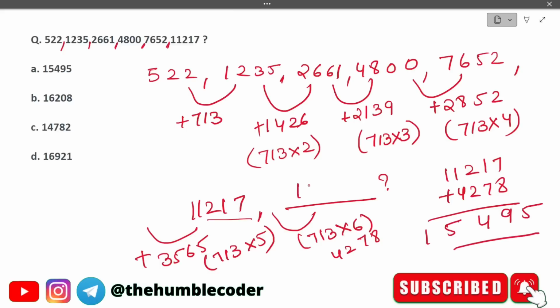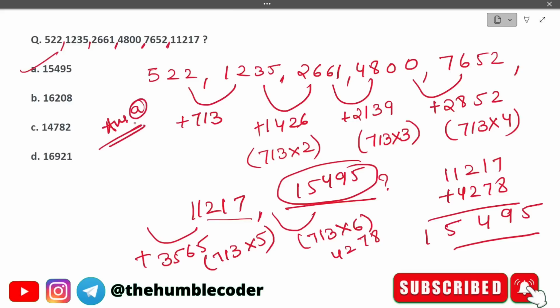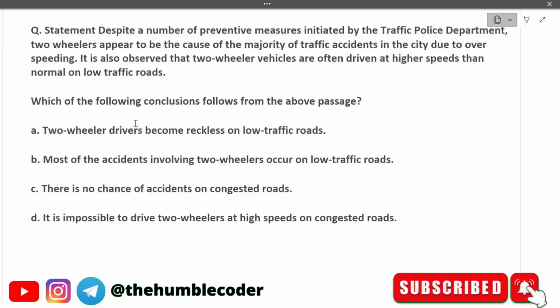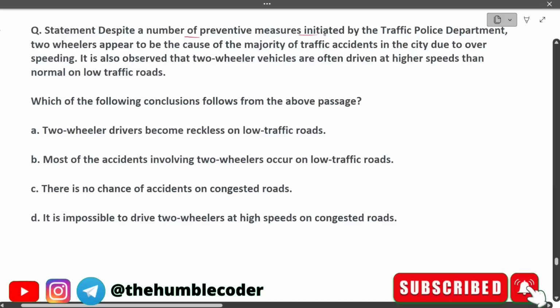Okay, so 15495 will be the next term in the series, which is our option A. So hope you have understood this series logic. The correct answer for this question is option A, which is 15495.